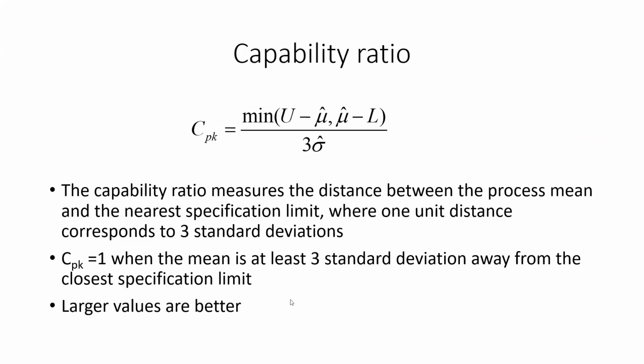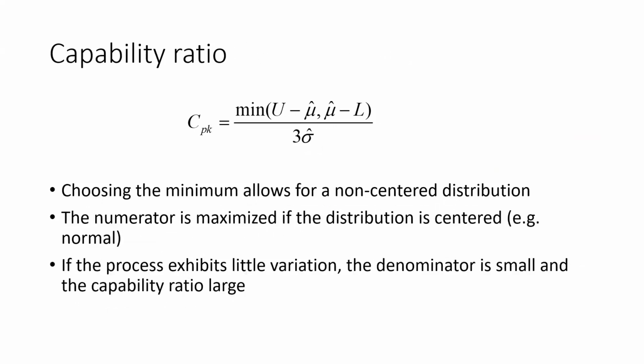And larger is better, right? Ideally, I want the estimated mean as far away from the specification limits as possible, where I'm farther away in the sense that if I have less variation, then I'm farther away. So larger values are better.